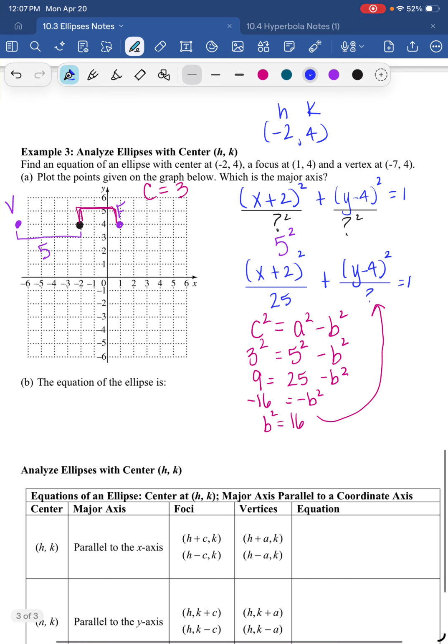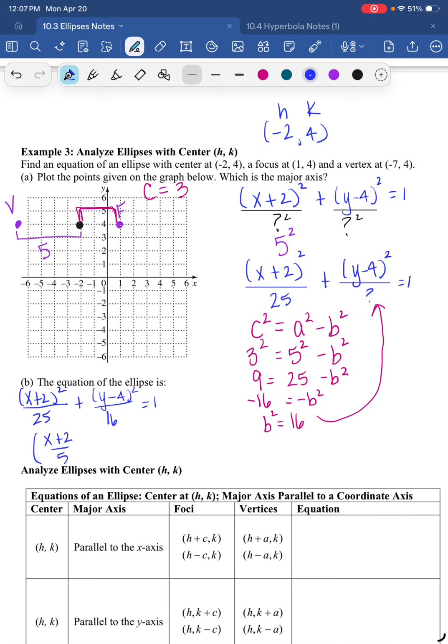Your equation is (x + 2) squared over 25 plus (y - 4) squared over 16 equals 1, or ((x + 2) over 5) squared plus ((y - 4) over 4) squared equals 1. Which way is better? Makes no difference to me.